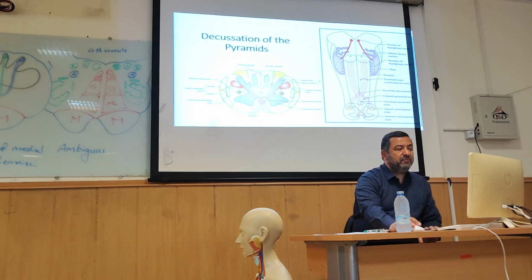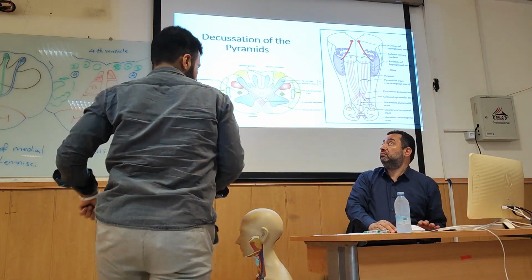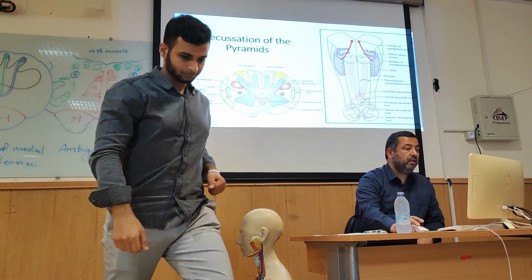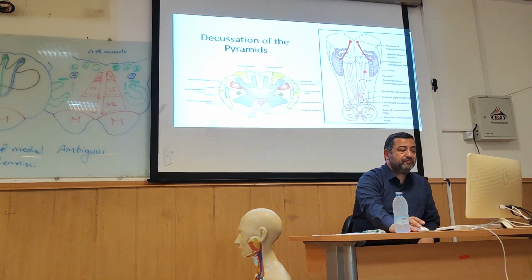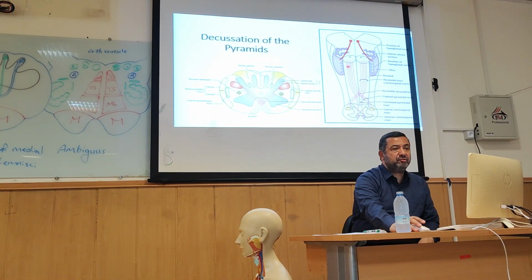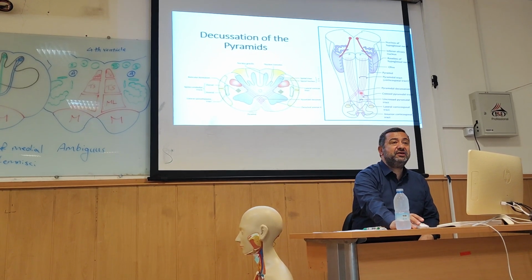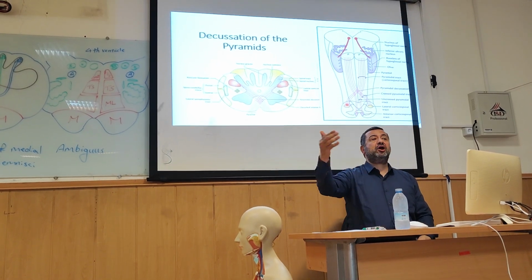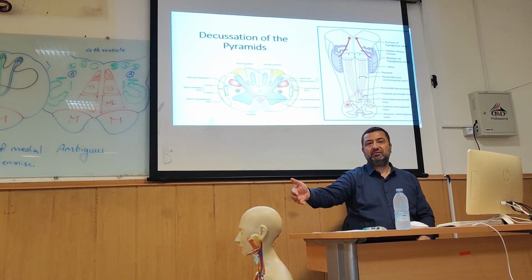You see here corticospinal tract or pyramidal tract. I told you in the inferior part of the medulla oblongata, 75 to 80% of these fibers go to the other side and make the lateral corticospinal tract.